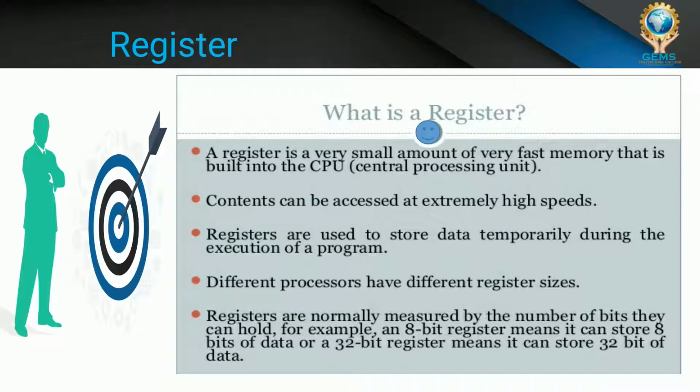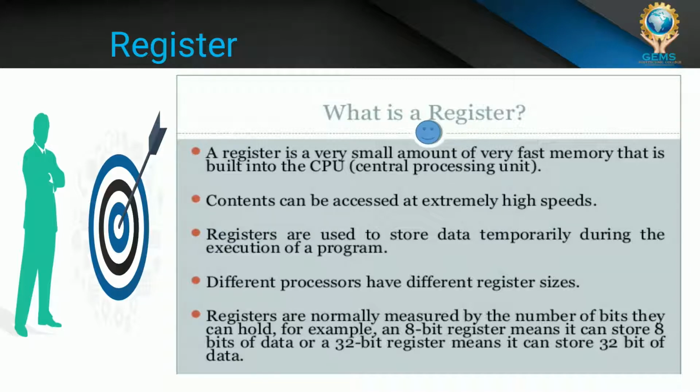A register is a very small amount of very fast memory that is built into the CPU, the central processing unit. All of you know about the central processing unit. The CPU needs memory, and that memory is nothing but the registers.